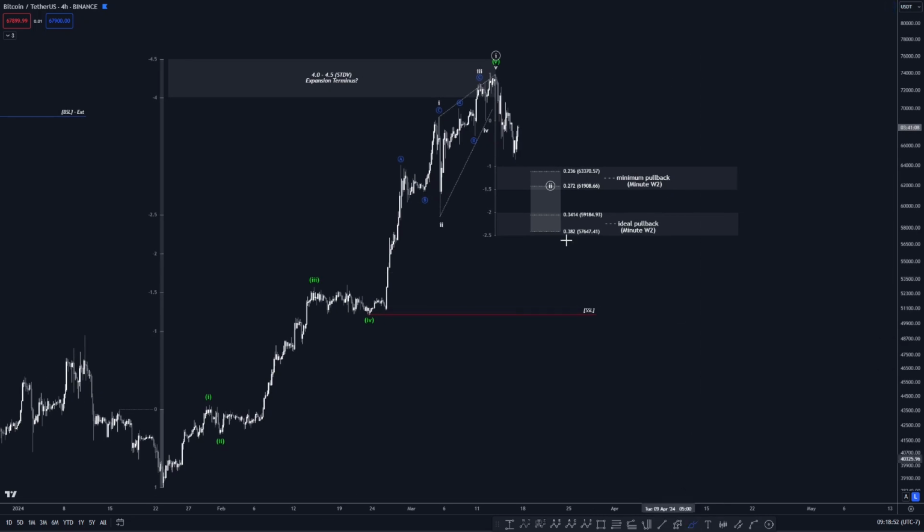So we may have finished our A wave. It may not be completed. I'll touch on that very shortly. And we're working on a B leg, and then we still have a companion leg to come down. This is our minimum pullback zone. This is where we want to see the minimum pullback before we start moving up. It could come back down here.